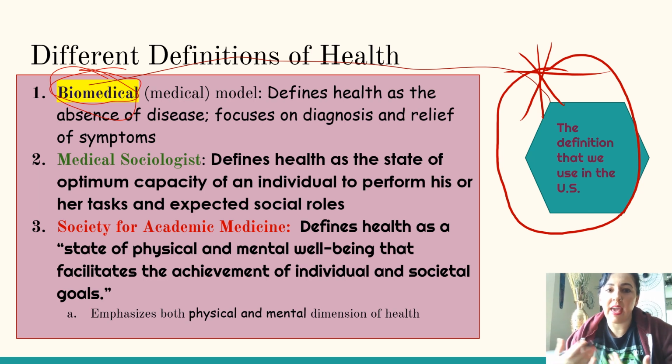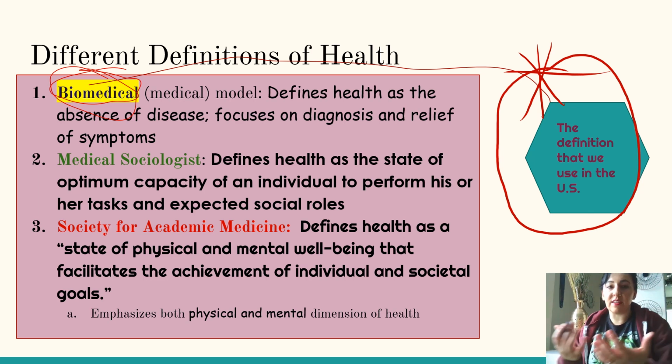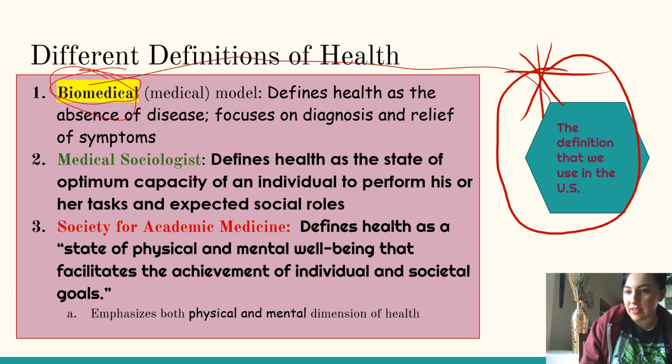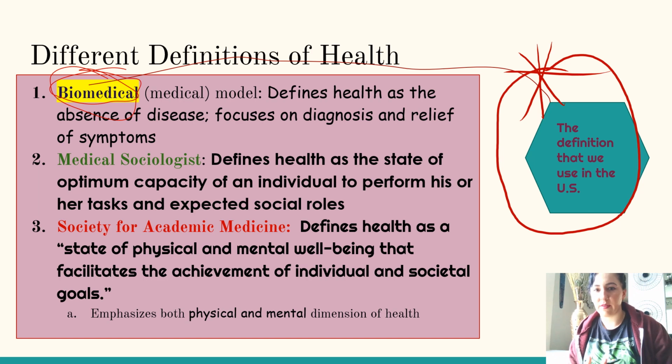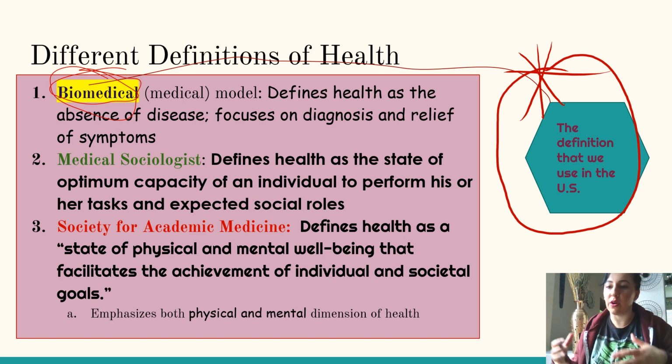If you can't do your expected roles in society, then you're not necessarily healthy. This is trying to put in our minds that you're healthy when you are a productive member of society and fulfilling your roles. If you're not, then there's clearly something wrong with you.